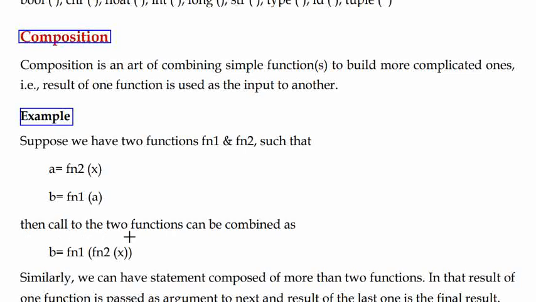Then the calls to the two functions can be combined. These two statements can be combined and written as b = fn1(fn2(x)); in place of a you can write fn2(x).